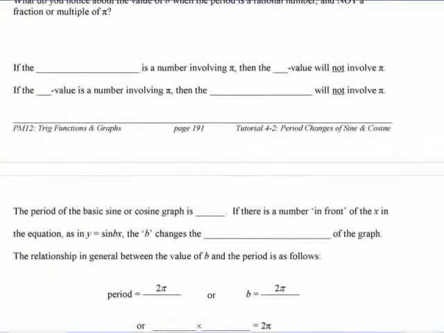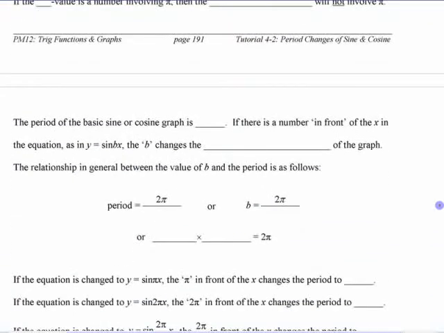Okay, the rest of this is for you to work through and think about. This little formula you could write, if you like formulas: the period of a function is 2 pi divided by whatever b is, right? Period is 2 pi divided by b, or b is 2 pi divided by the period.